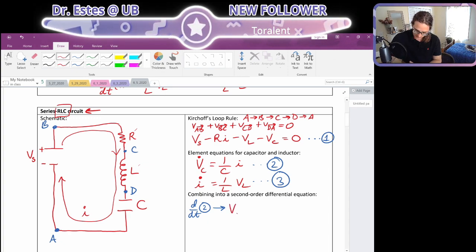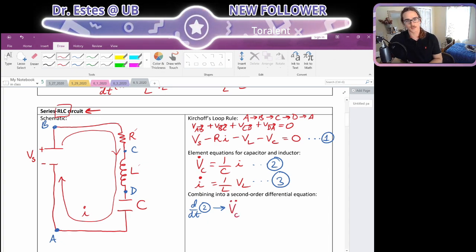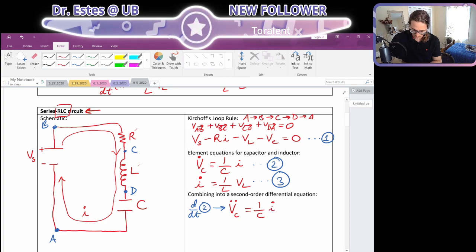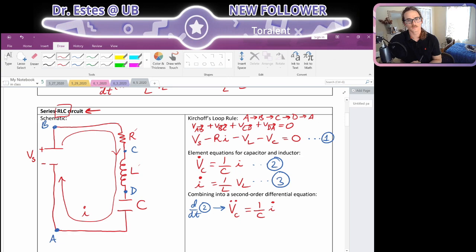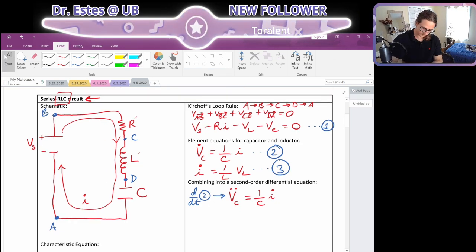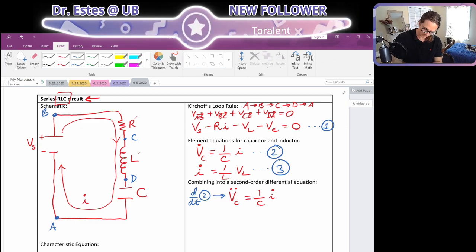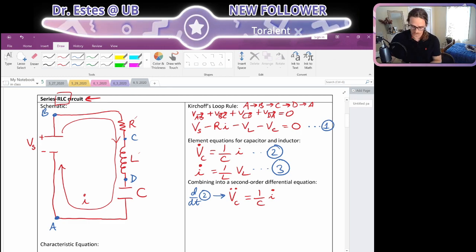So this now becomes the second time derivative, because I took one more time derivative of the voltage across the capacitor. That's going to be 1 over C I dot. Do you see where I'm going with this? Because we have an equation for I dot from equation 3.